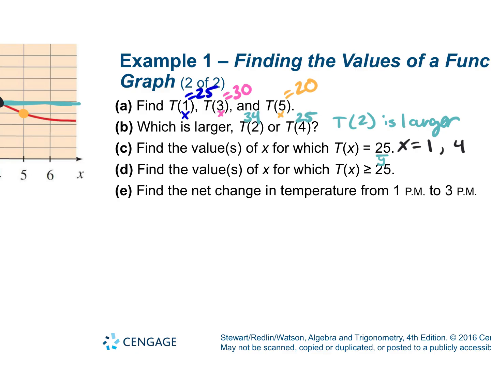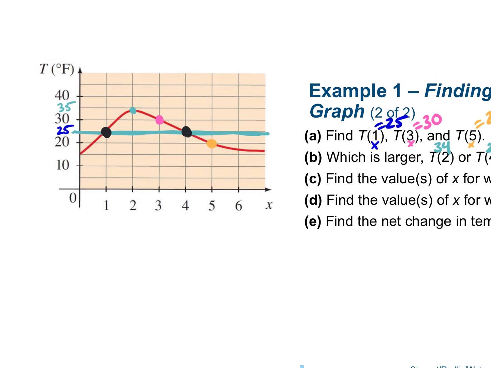For D, it says find the values of x for which t of x is greater than or equal to 25. So we're talking about everything that's above 25 here. So what x values give us a y value that's greater than 25? 1, 2, 3, and 4, but everything in between what two numbers? 1 and 4.